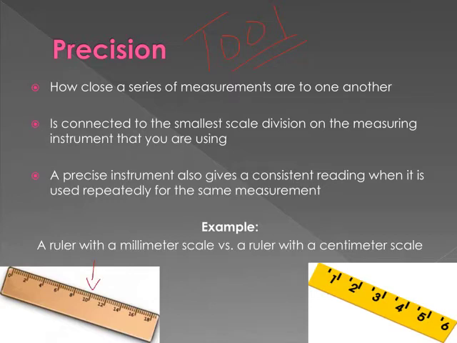They're going to go to many decimal points. Some tools aren't so great. Here, barely any tick marks. You can only tell for sure if it's between half or a whole number. Then you're estimating anything beyond that. So the more precise your tool is, typically the more closely related your measurements are.